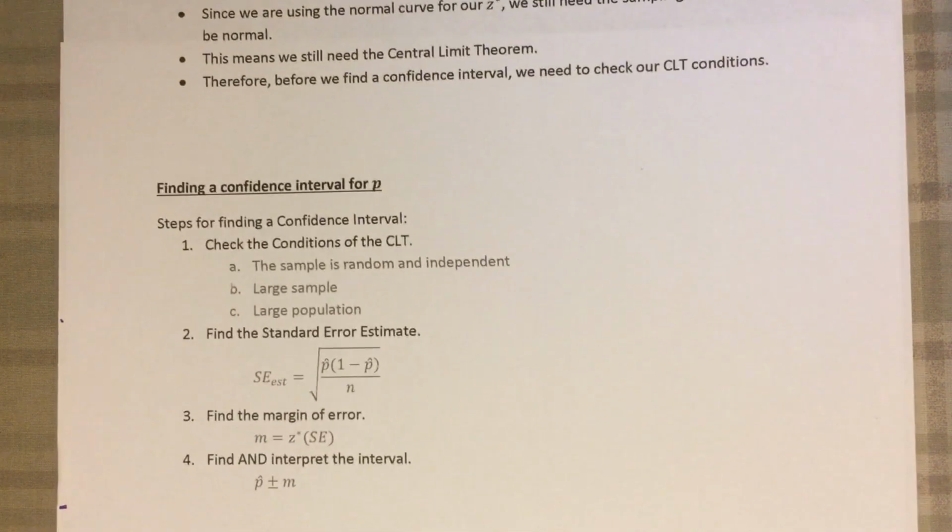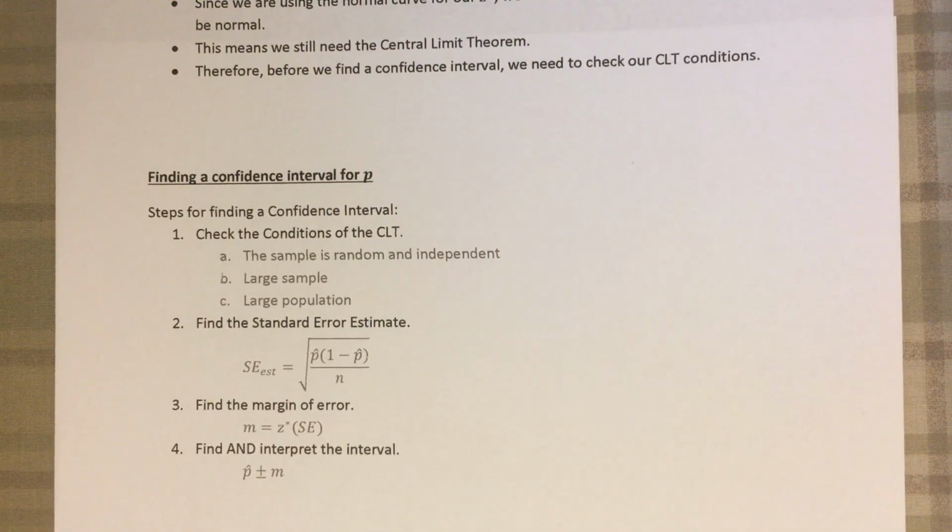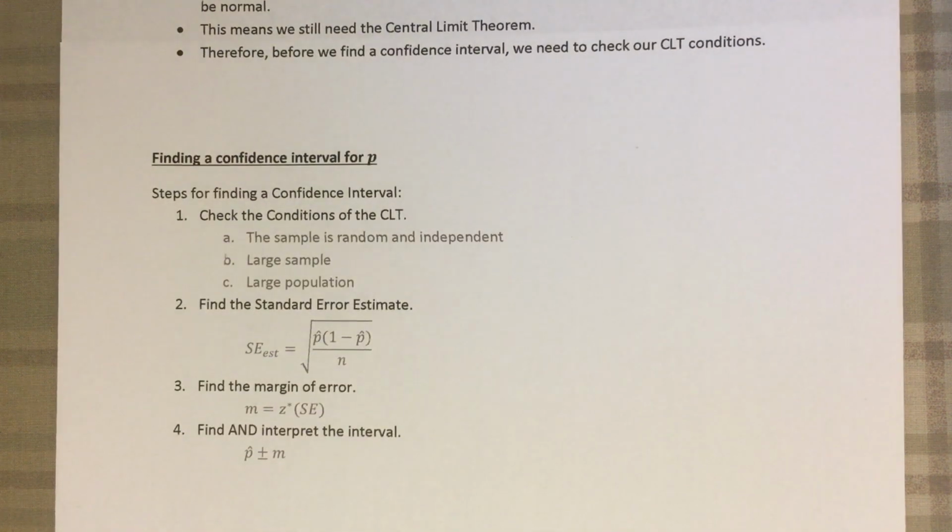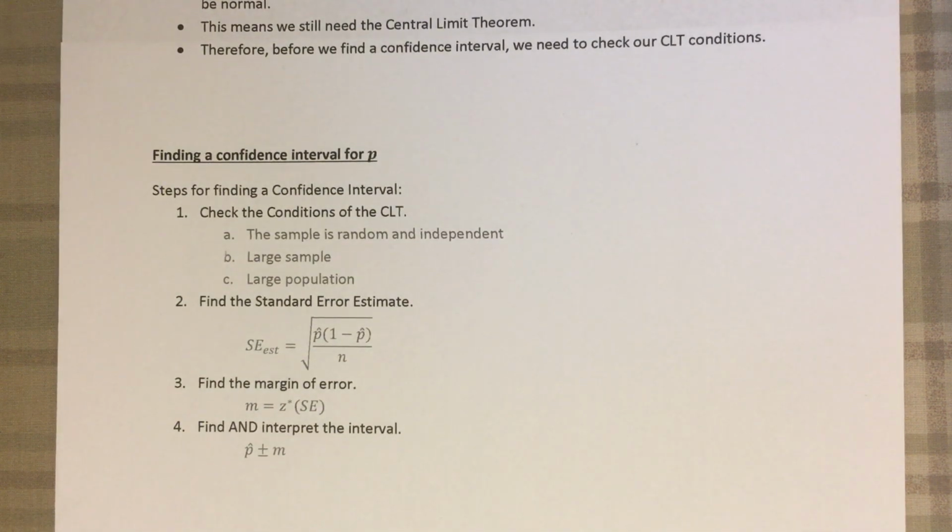So to find our confidence intervals, we have a 4-step process. Our first step is going to be checking the conditions of our central limit theorem, that our sample is random and independent. Again, we're generally going to assume that's the case unless we're told separately. That we have a large enough sample, so we're going to have 2 inequalities to test for that one, and that we have a large enough population, so we have 1 inequality statement to test for that last one.